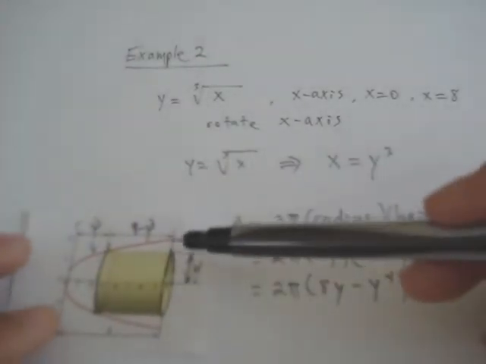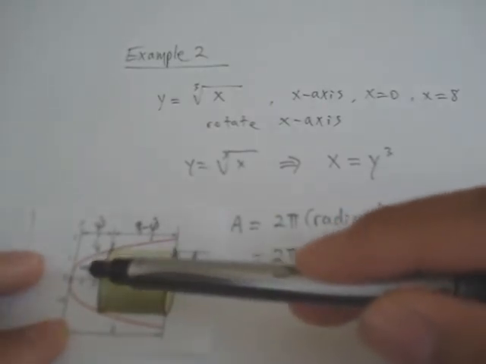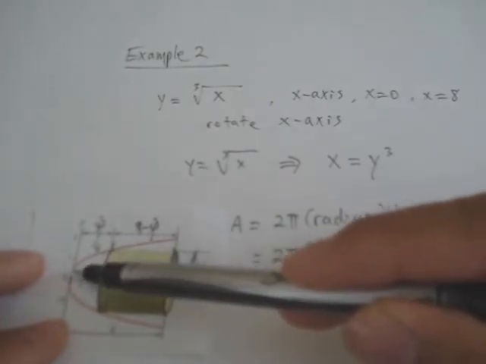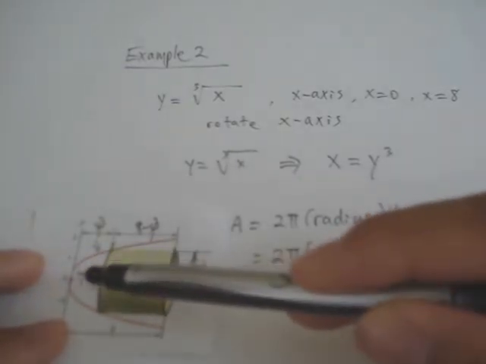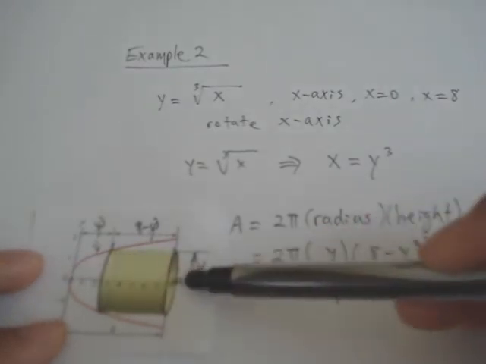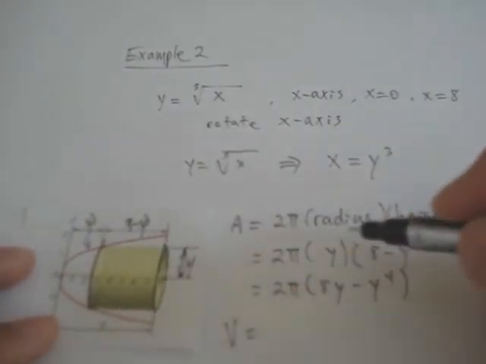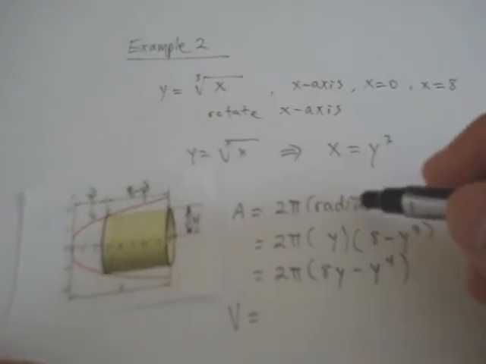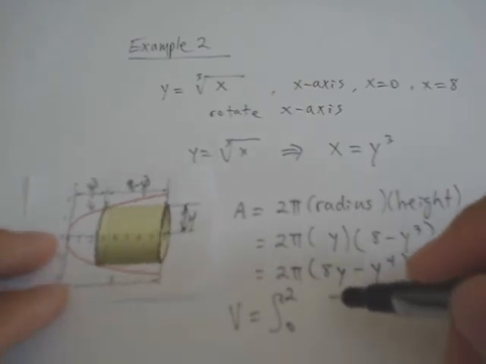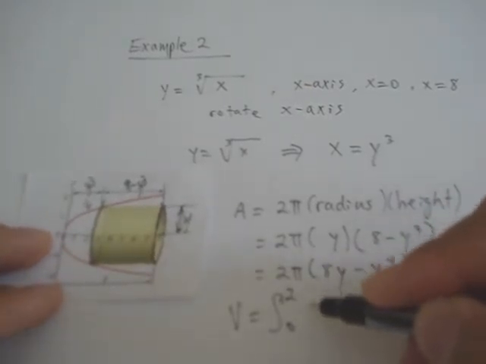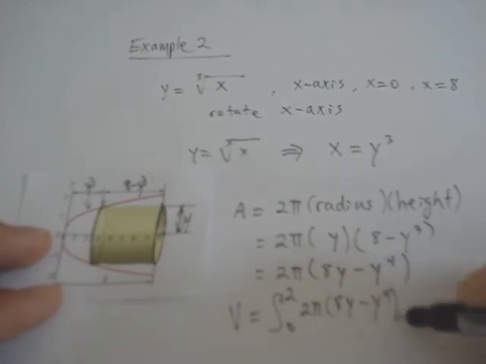Now to find the volume, you will draw an infinite amount of these cylinders across from 0 to 8, which means that you will have to integrate from 0 to 2. So let's do that. Volume is equal to the integral from 0 to 2 of 2 pi times 8y minus y to the 4th dy.